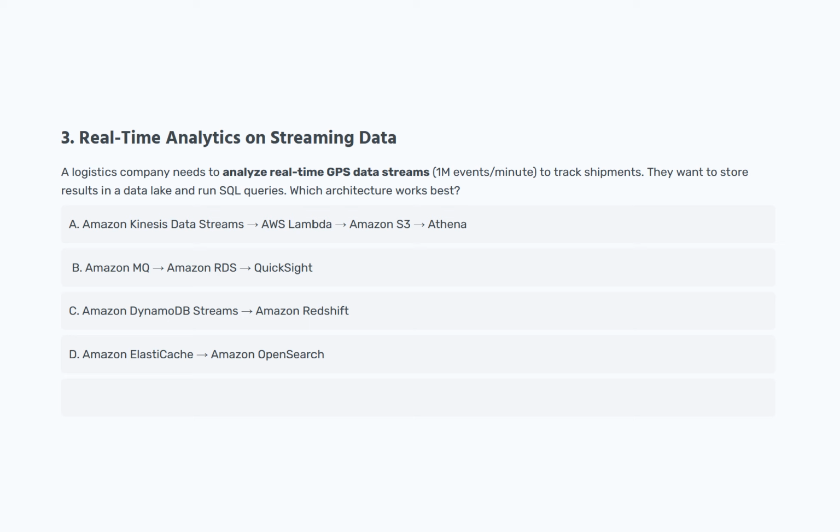ElastiCache, OpenSearch, this is basically for logging and time series analysis. So the best answer is going to be Kinesis streams, then Lambda to process the data, S3 to store it, and then Athena to query the data. So this is going to be answer A.